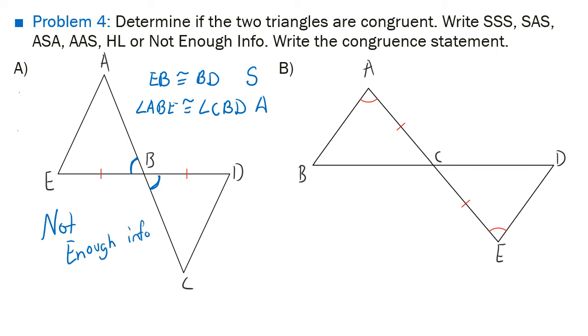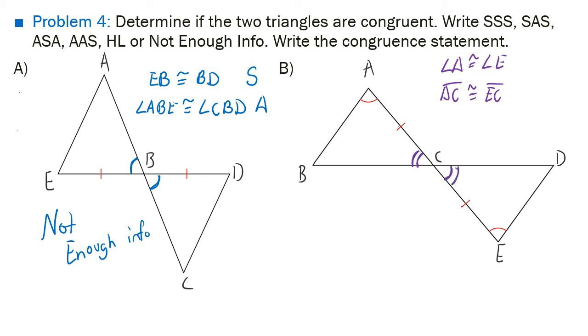If we look at part B, you'll see that they provide angle A is congruent to angle E. You can see that this side right here, AC, has the congruent mark with EC. So side AC and EC are congruent because they have the congruent mark. And don't forget, once again, vertical angles are right here.